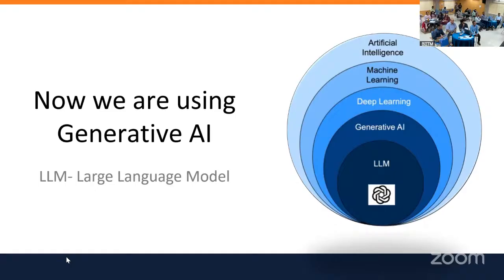Deep learning is basically how our neurons, how our brain functions, based on the concept of artificial neural networks. Last, the most powerful is generative AI. Why are you saying it's generative?